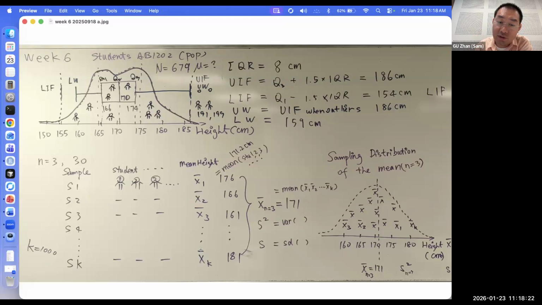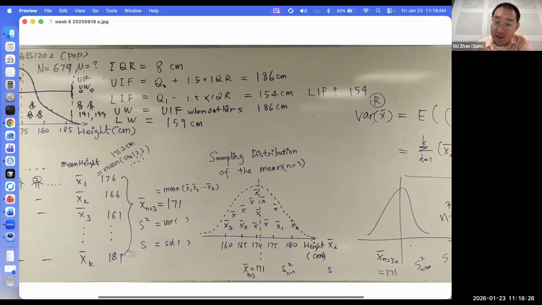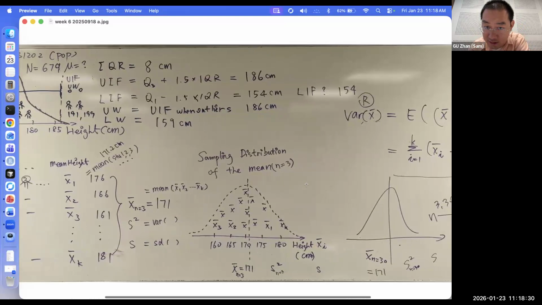K sample means. This distribution is a sampling distribution of the mean. How many x bar do you have? You will have K number of x bars, so 1000 x bars.